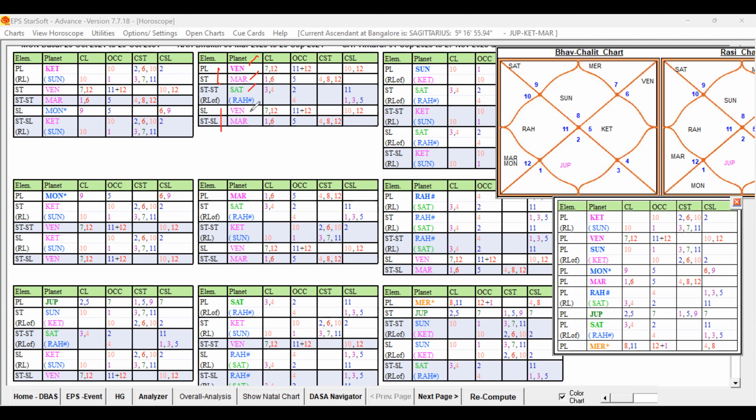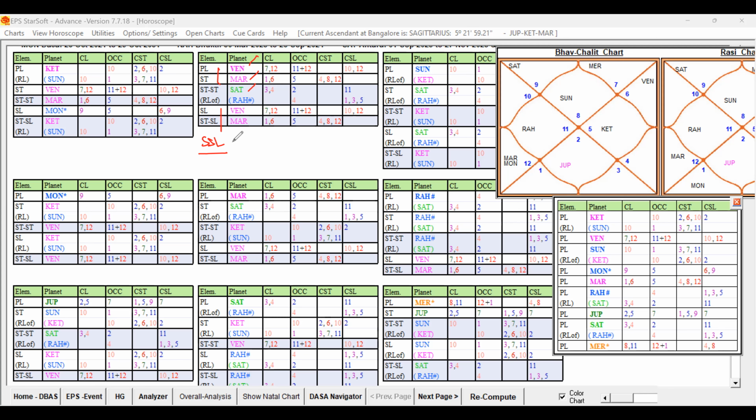Planet and the sublord. So as I said, normally the role of the sub-sublord, in all cases you can take the sub-sublord also, but importantly you can consider the sub-sublord's signification when the same ruler is ruling more than a level.